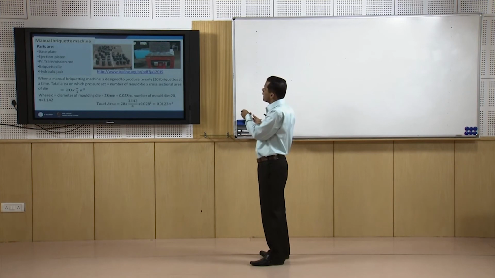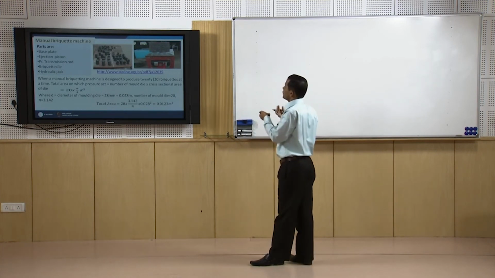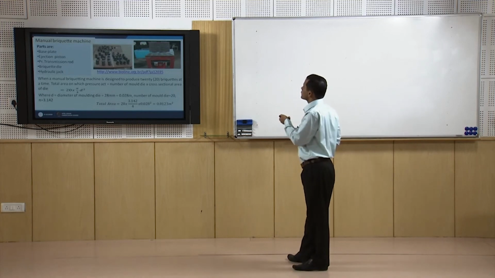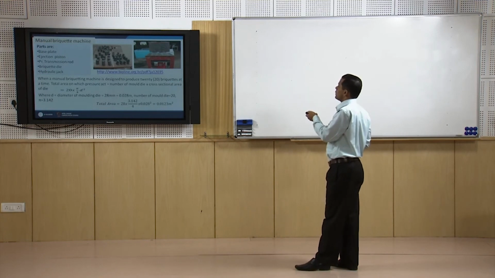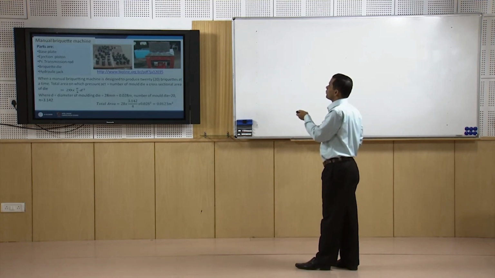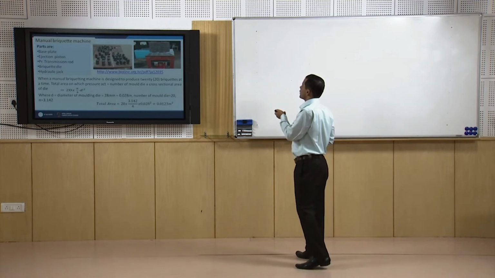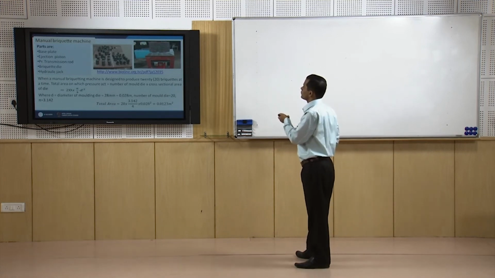These hydraulic jacks give some thrust upward, and the force applied in the upward direction is transmitted through these transmission rods, and the transmission rods have the ejection piston, and this is the die, which is called the pellet or briquette die.